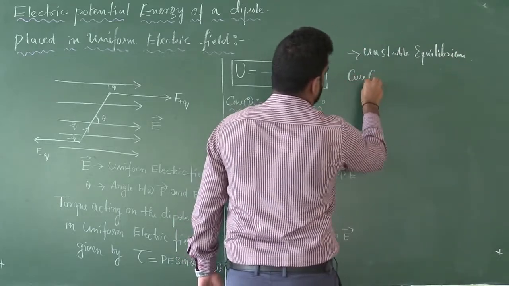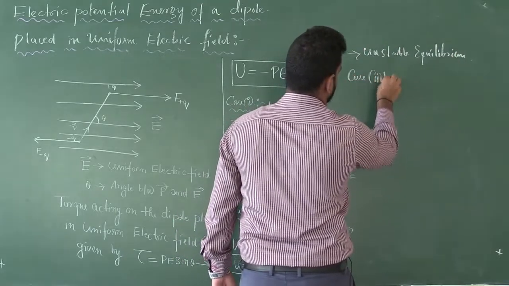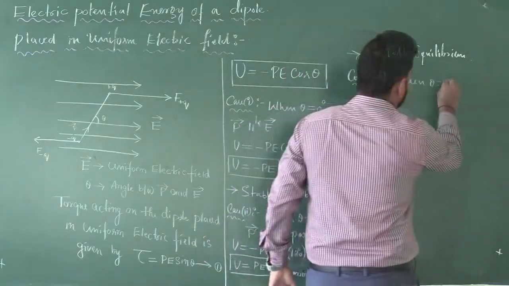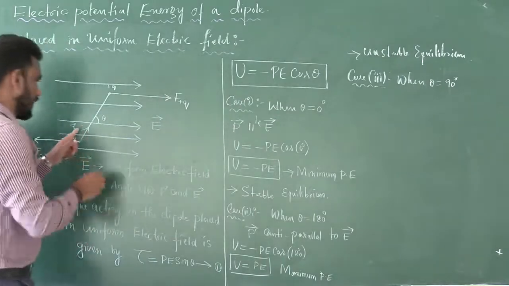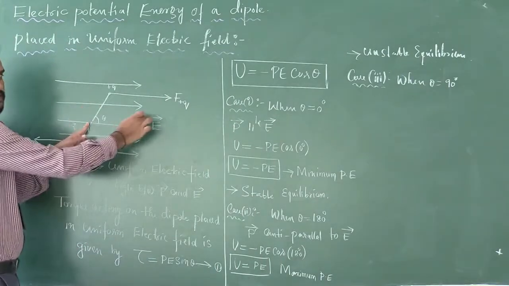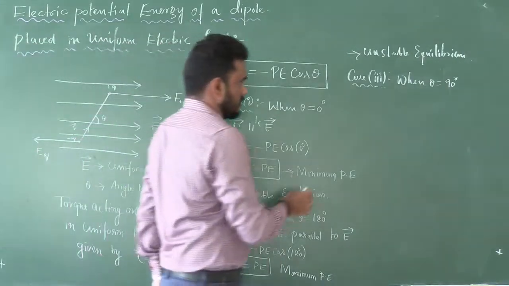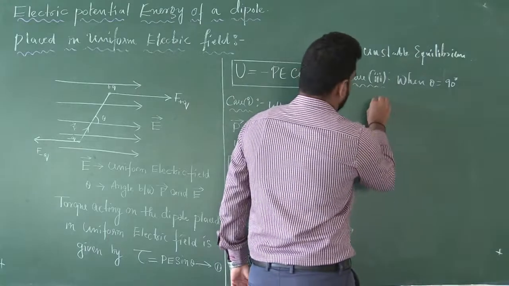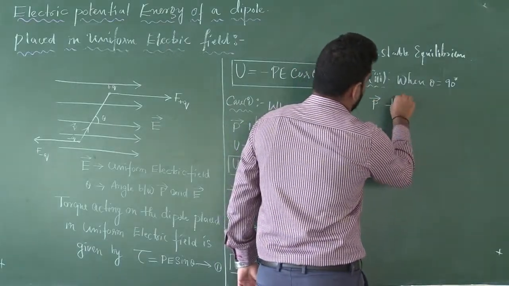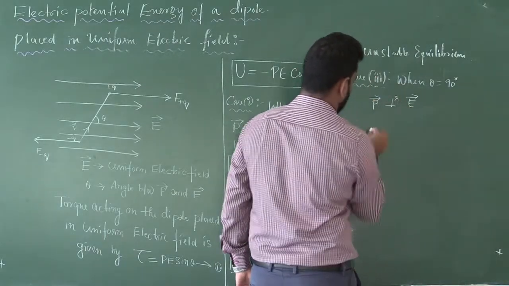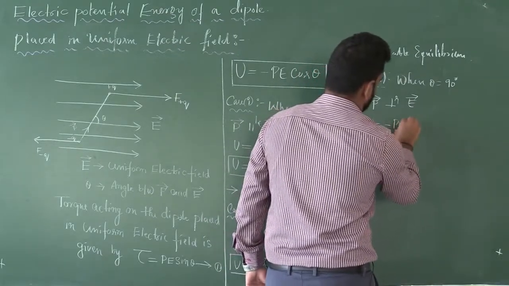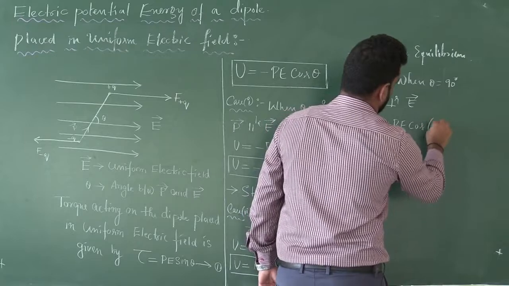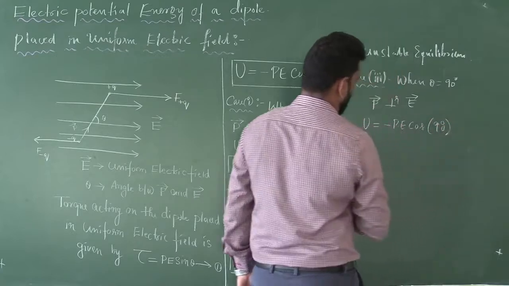Then case number 3: theta is equal to 90 degree. 90 degree means the dipole moment is perpendicular to the direction of electric field. So P perpendicular to electric field. Using the equation U is equal to minus PE cos 90 degree, cos 90 is 0.